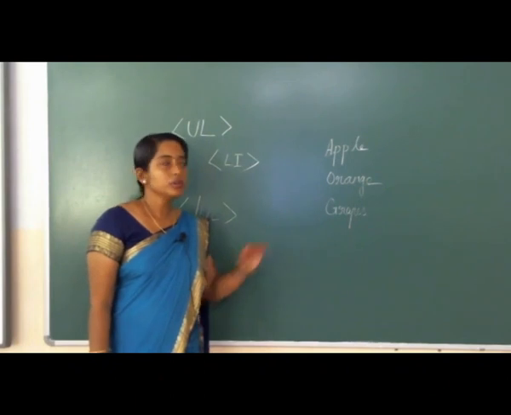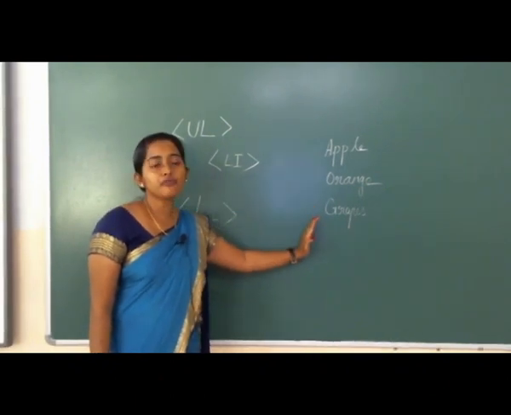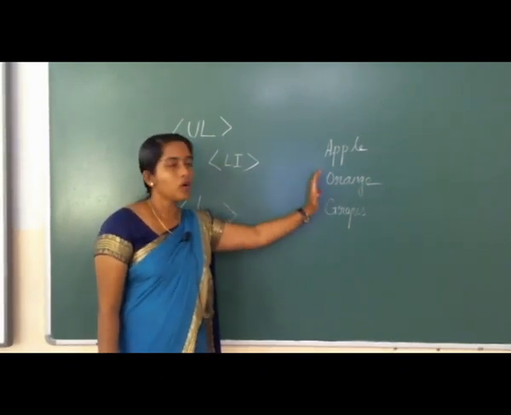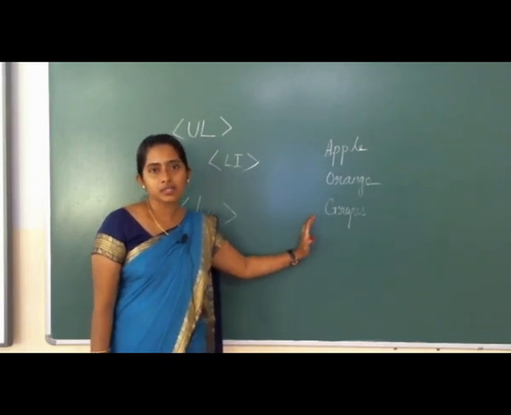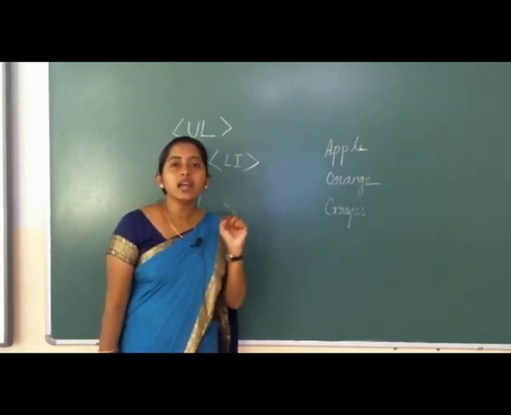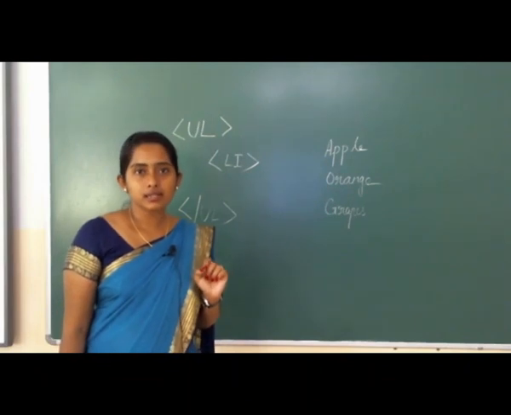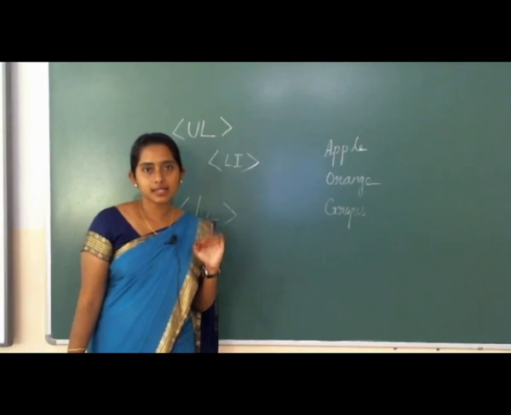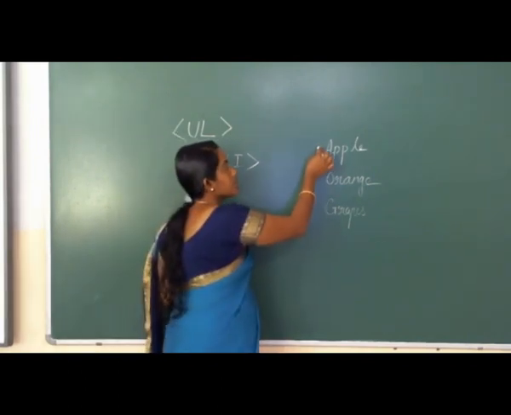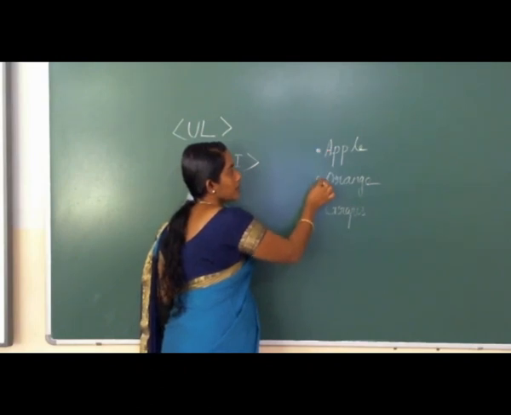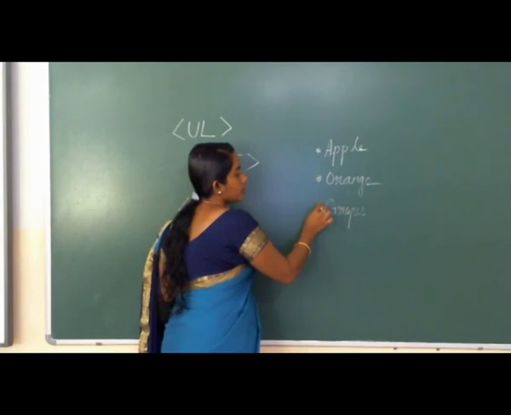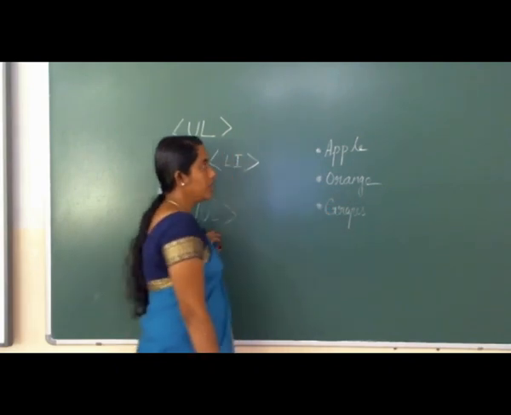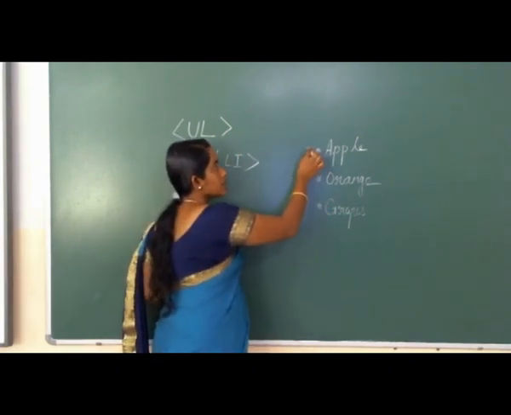If I want to list these three fruit names, apple, orange and grapes, and it is an unordered list, you can give bullets. You can specify a solid circle, that is filled inside. Otherwise, you can use a circle.